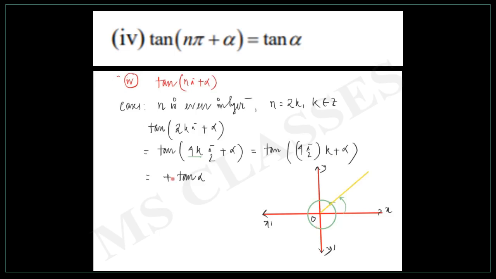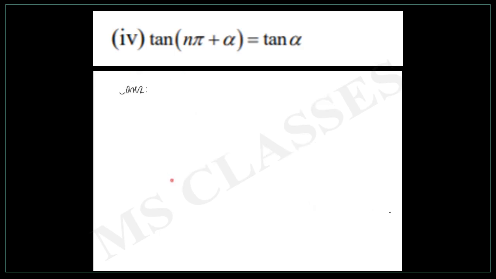So next, we take the second case. Case 2: we take n as an odd integer, n belongs to Z, and n is an odd integer.